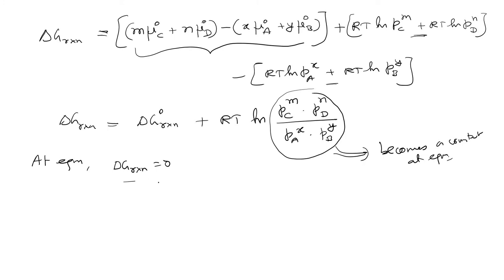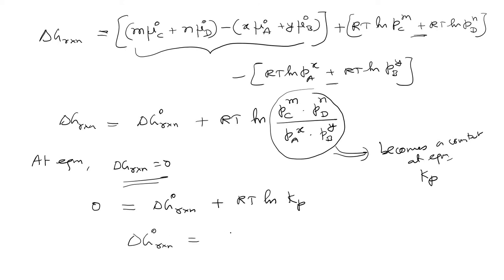So at equilibrium, not only does delta G of the reaction become 0, but this ratio also becomes constant, and that constant is nothing but Kp. So delta G of the reaction becomes 0, and you get delta G naught of the reaction plus RT ln Kp, or we can write delta G naught is equal to minus RT ln Kp.